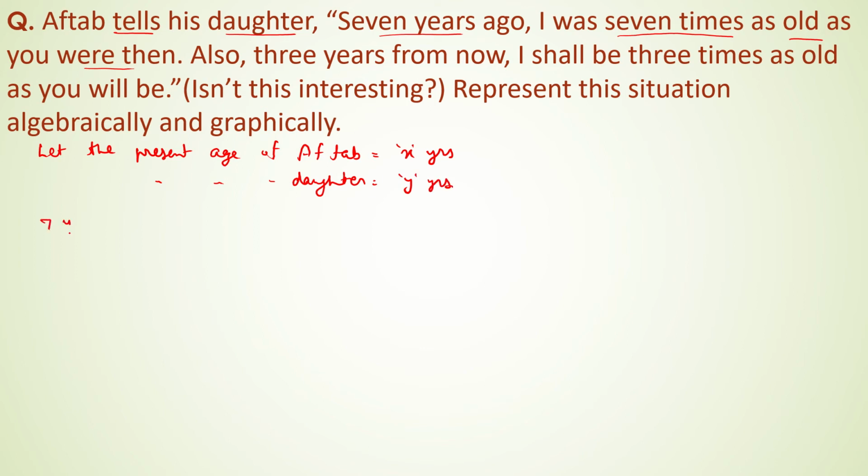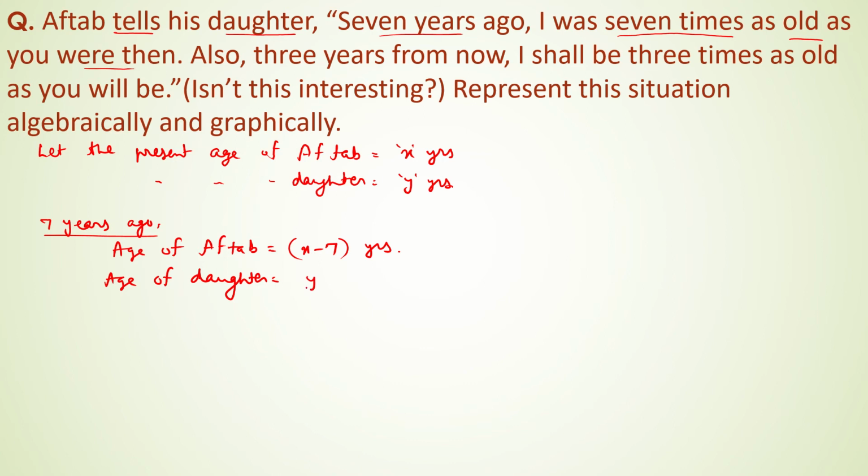So, if we talk about 7 years ago, then the age of Aftab would have been x minus 7 years and the age of his daughter would have been y minus 7 years.